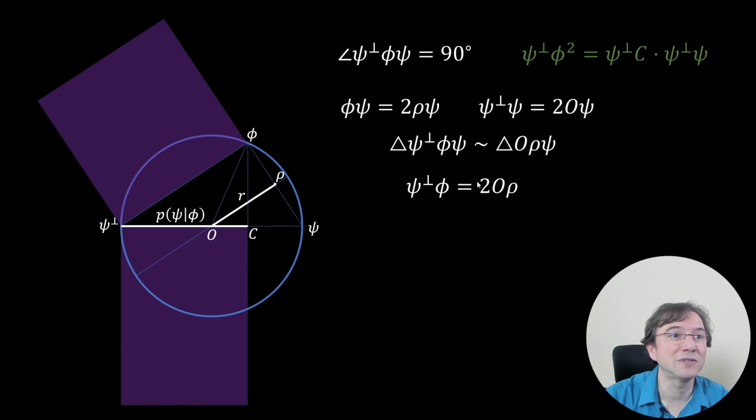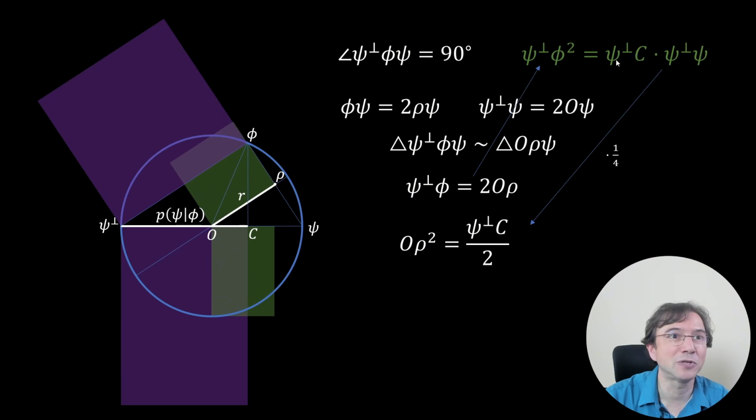So now we can use this expression, substitute it here, and divide by 4, and we basically have this relationship. The square that we have on O rho is equal to this rectangle, and one side is just a radius, so it's just 1, and this other side is just psi perp c divided by 2.